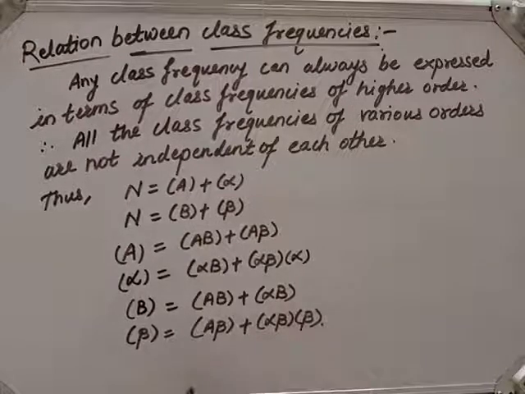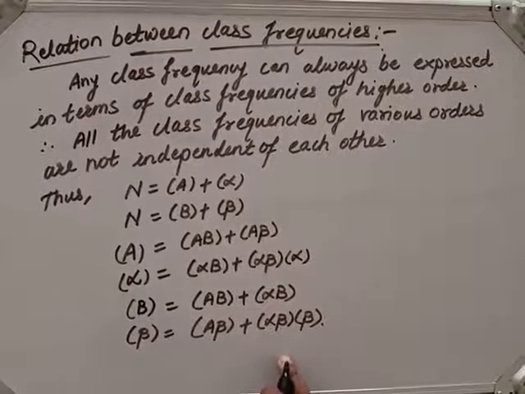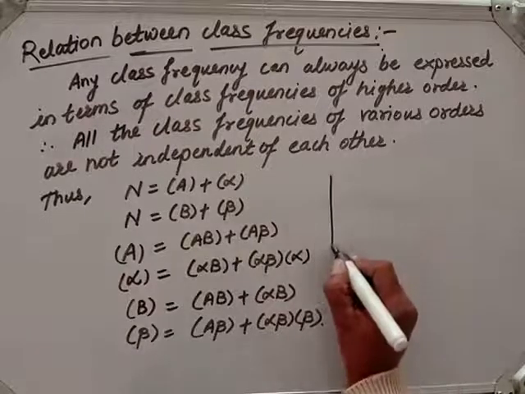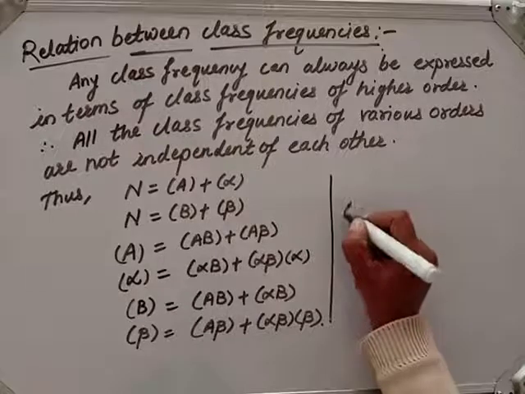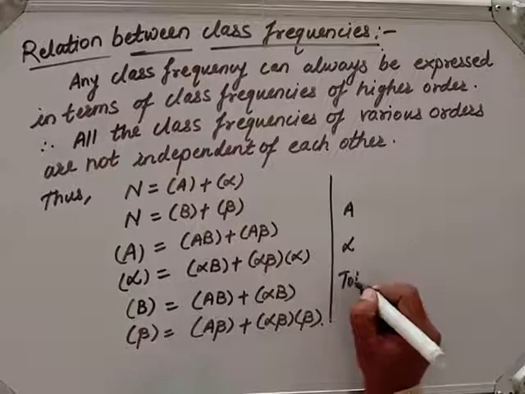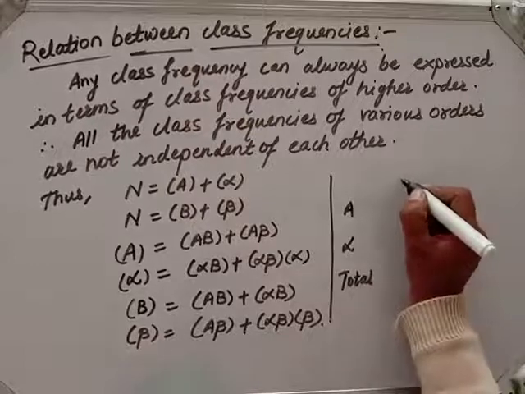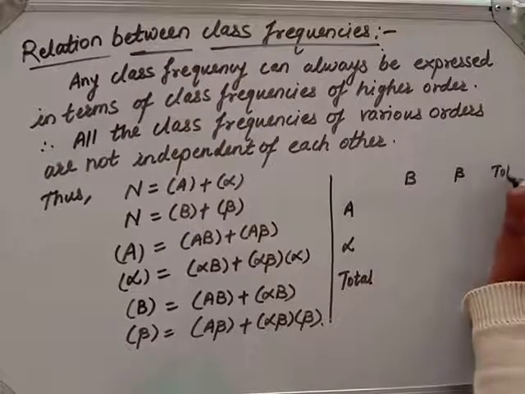Now, all these relations can be described in the form of a table also. So let me prepare a table. This table and these relations are equivalent. Suppose A, alpha and total here, and here B, beta and total.